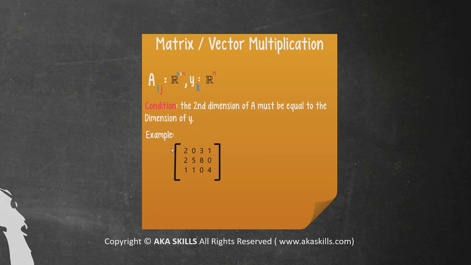So for example, we have this matrix. It's a matrix of 3 by 4, and we want to multiply it by this vector, which is 1, 2, 3, 4, four-dimensional. So the second dimension, that means the columns, 1, 2, 3, 4.